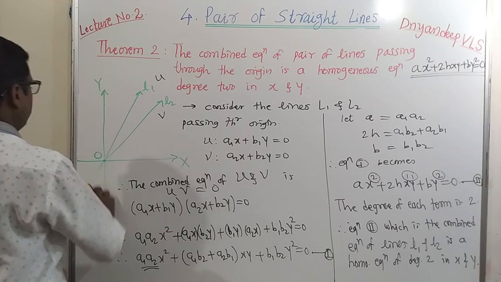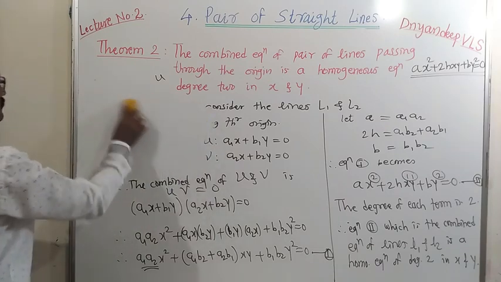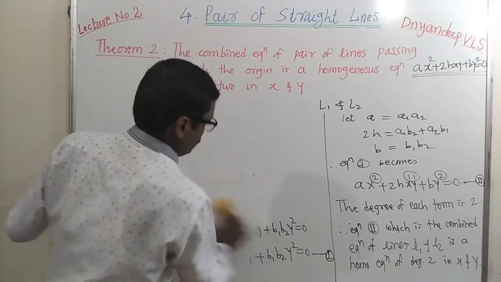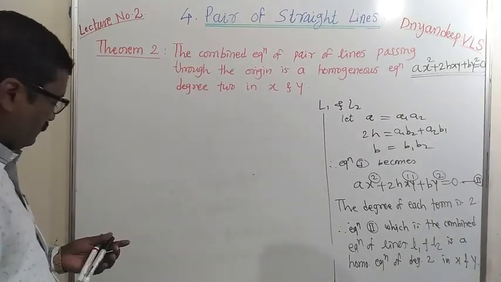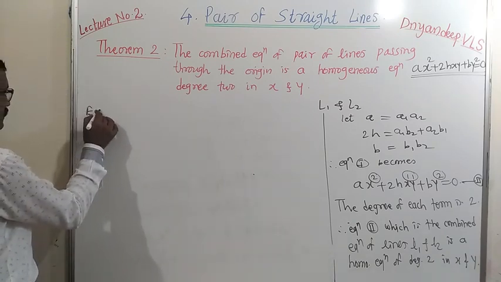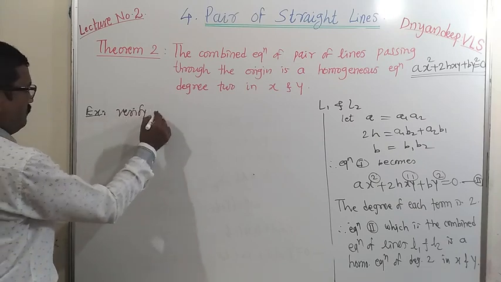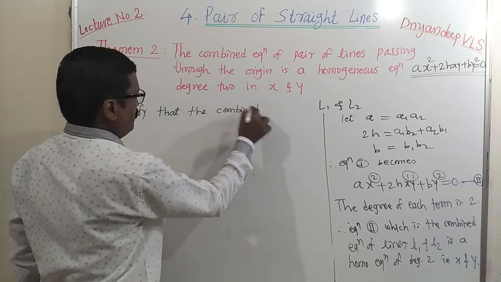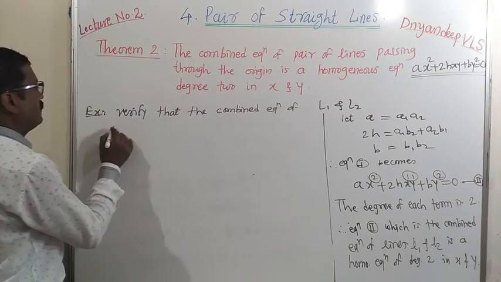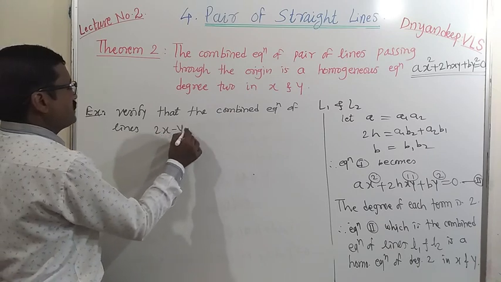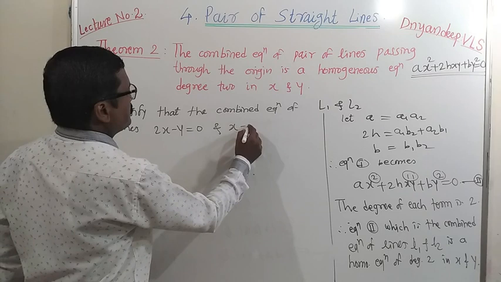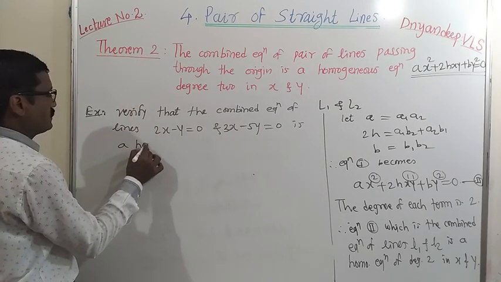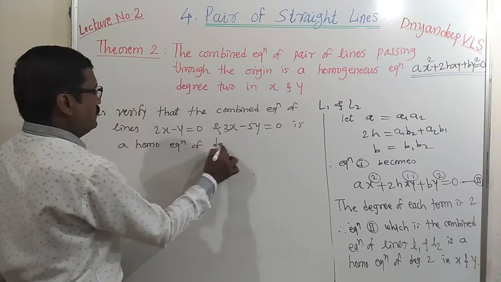Let us see one example related to this. Verify that the combined equation of lines 2x minus y equal to 0 and 3x minus 5y equal to 0 is a homogeneous equation of degree 2.